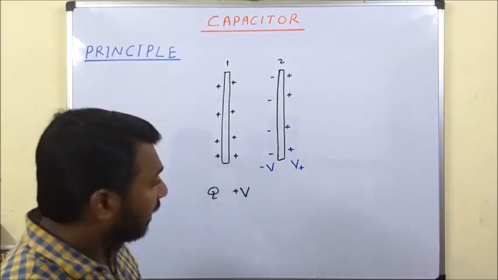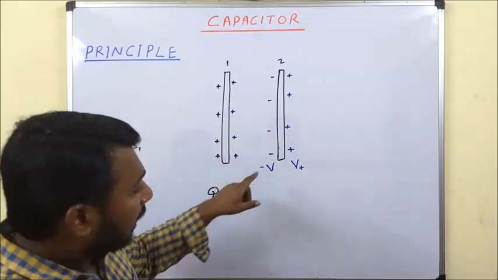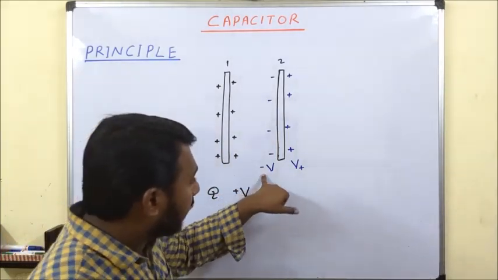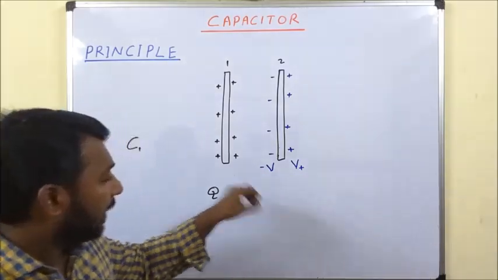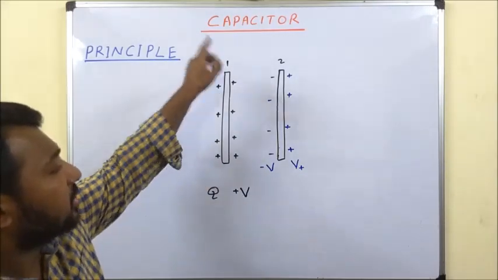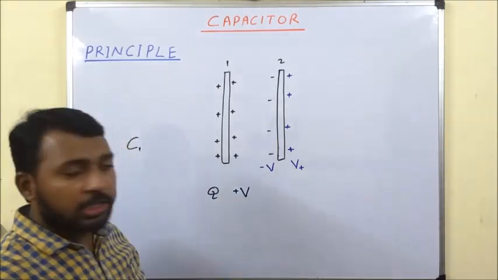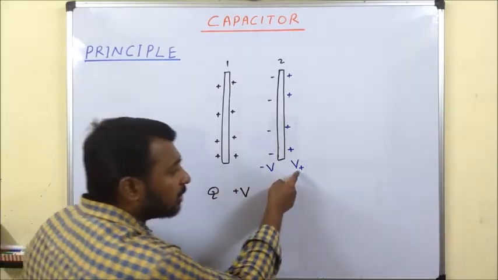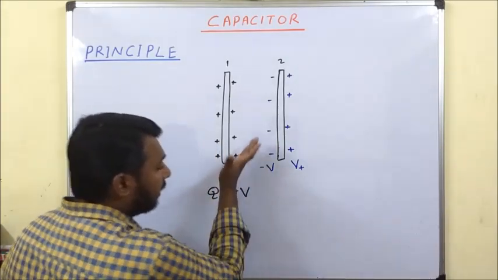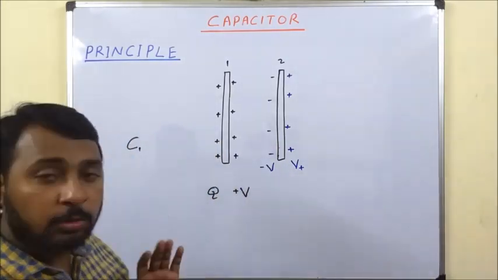Now, listen carefully. Both the potentials, negative and positive, will affect the potential of the first one. The presence of negative will try to reduce this potential, and the presence of positive will try to increase this potential. Both will affect.